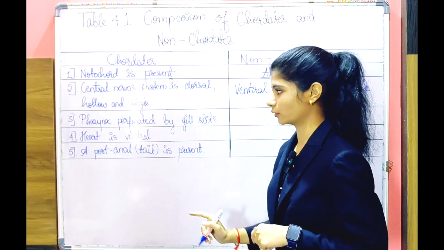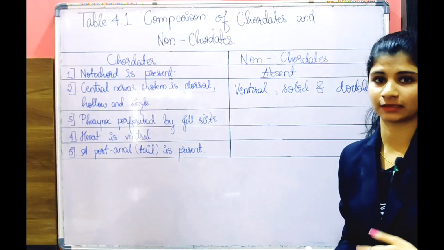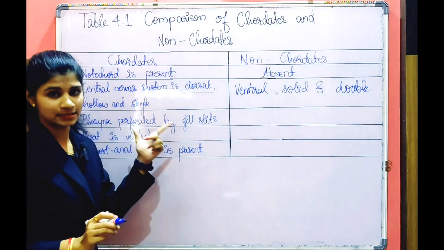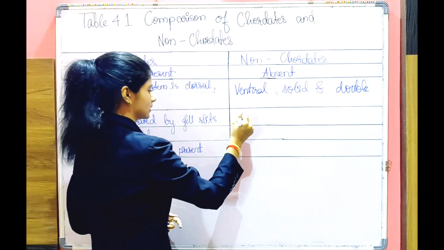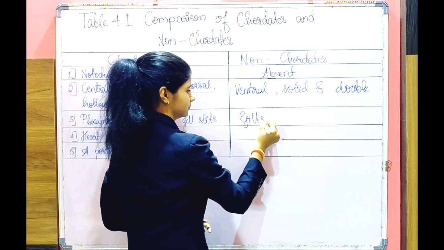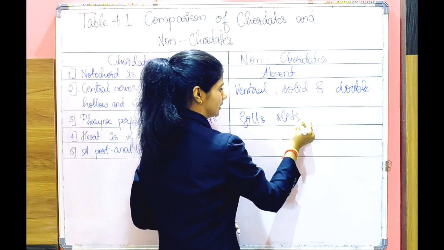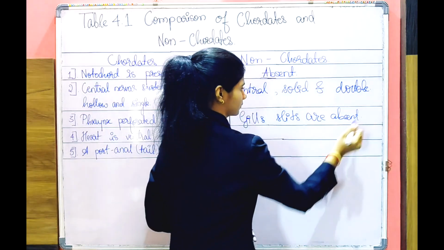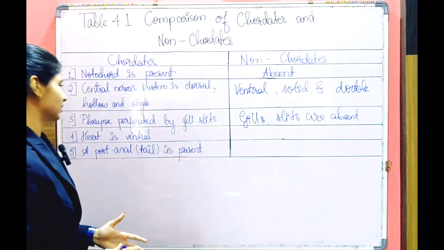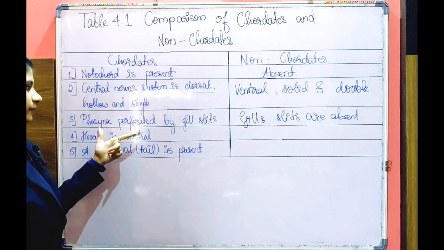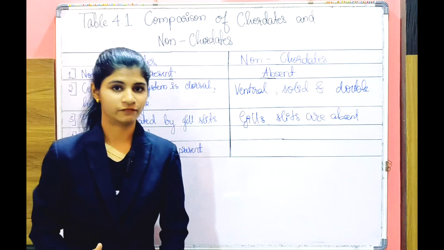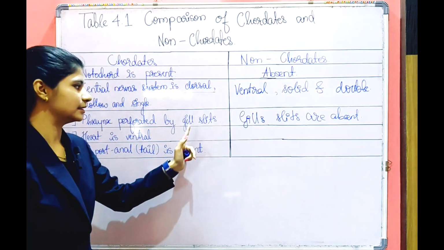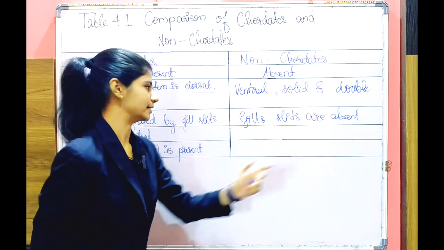Then the third point is about the pharynx perforated by gill slits, where mainly in this line the opposite is that gill slits are absent. So don't worry students, the sentence may confuse you in the exam, but in the simple way you have to write that gill slits are absent in non-chordates.